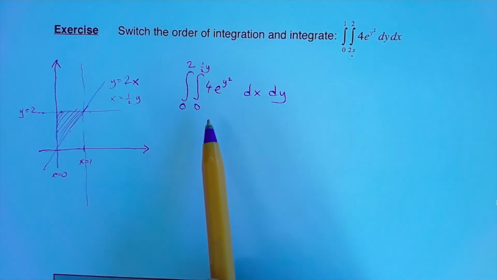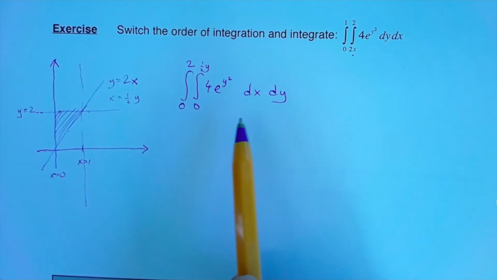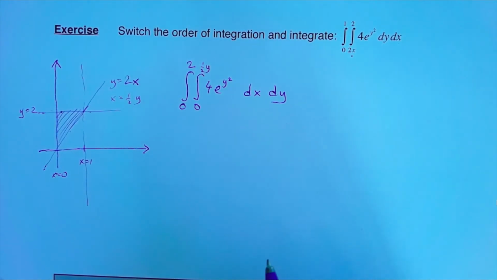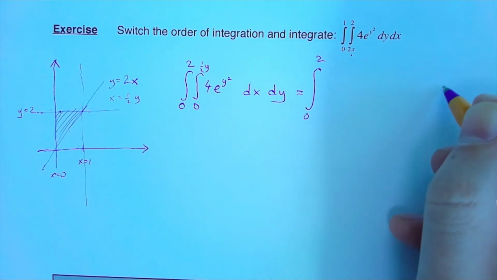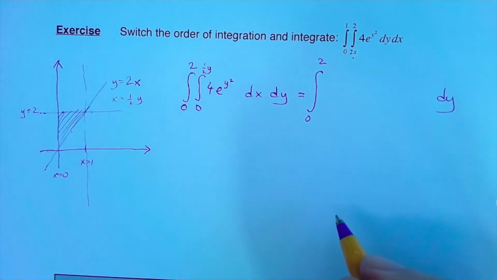Now that we've flipped the order of integration, we get a case where we actually can integrate. This is the integral from 0 to 2 dy. Let's see what happens in the middle.